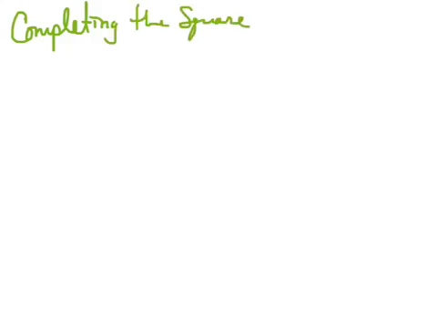The second one that we're going to show you is the completing the square method. Now from my experience, most people do not like this method. It takes a little bit more time than others.